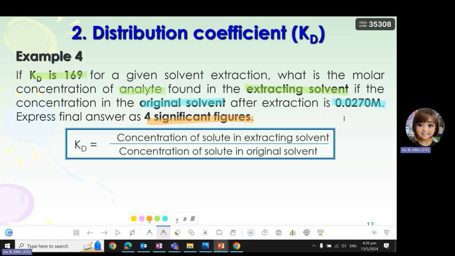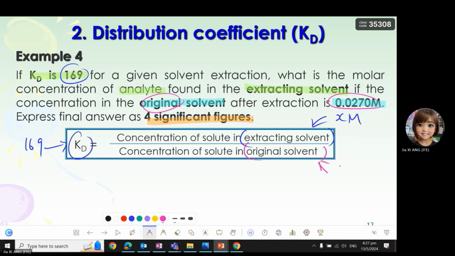Now we look at the formula and try to do our substitution. KD from the question is 169. The concentration of solute in the extracting solvent is what you need to find, so you can let it be X molar. Next, in the original solvent, you have 0.0270 molar. I think this question is quite straightforward.